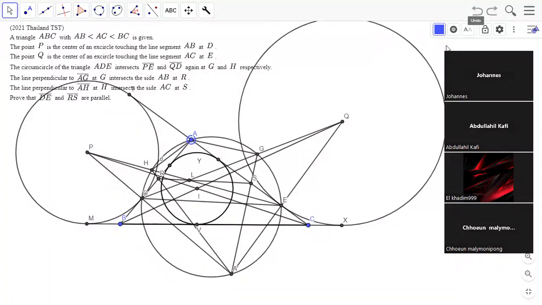So we want to show AR over AS is BV over VC. In fact, if we drew the point T that we had in the previous problem, then BV over VC would be TB over TC, and we'd want to show that's AR over AS. Should be kind of interesting.